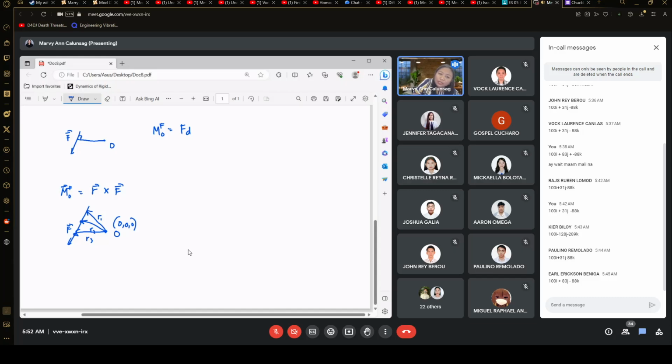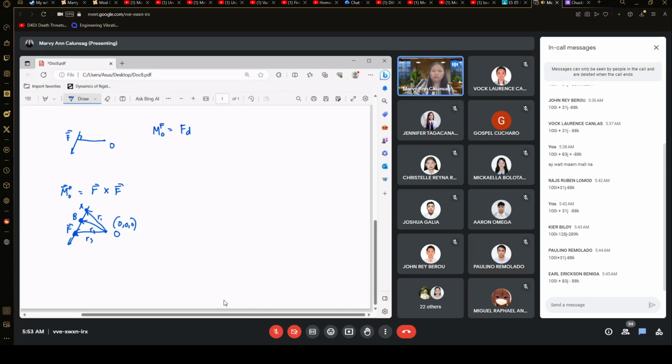And if point A is given, you can get the Cartesian coordinate representation of R1. You use that when point A is given. For example, if point B is given, you use the coordinates of point B as the position vector. As long as you are along the line of action of the force.